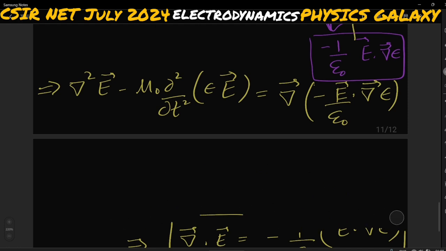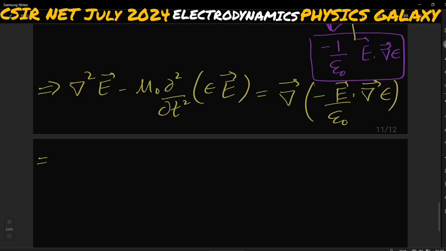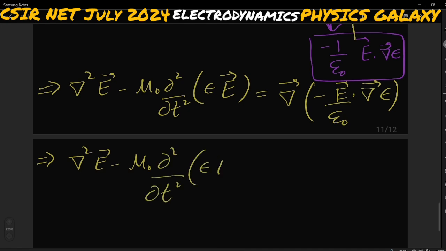The final equation will be del square E minus mu naught dou square by dou t square epsilon E. Now here it's minus, I can put it on this side, so it will be plus gradient of E dot gradient of E divided by epsilon.